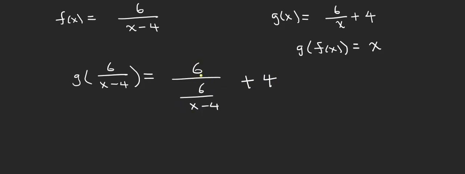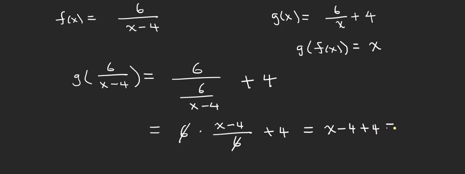This is 6 divided by 6 over x minus 4, which is the same thing as 6 times x minus 4 over 6. So 6 cancels out here. You end up getting x minus 4 plus 4, which is x. So we also showed that g of f of x is equal to x.